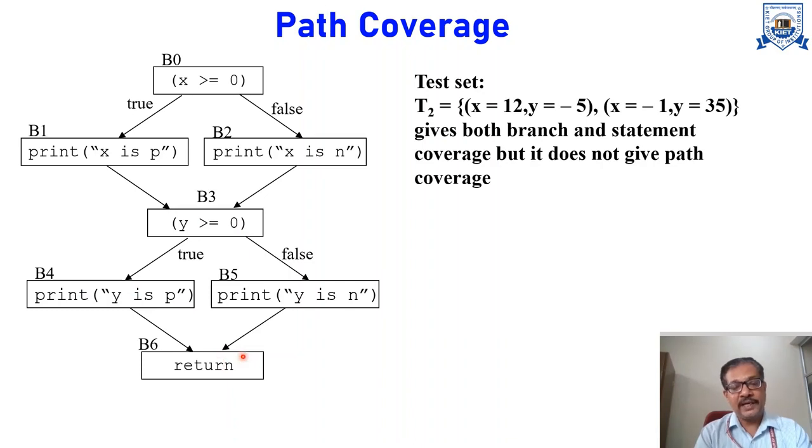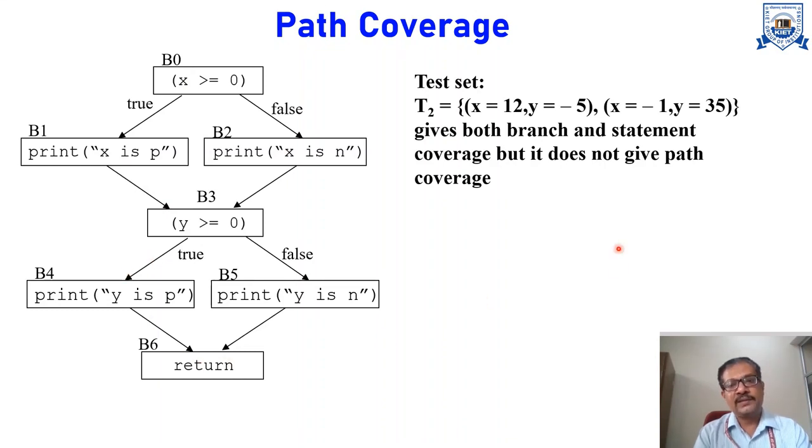So with these 2 test cases, though we have 4 possible paths from the initial node to the final node, we are able to traverse only 2 paths. One is B0, B1, B3, B5, B6, and the other is B0, B2, B3, B4 and B6.